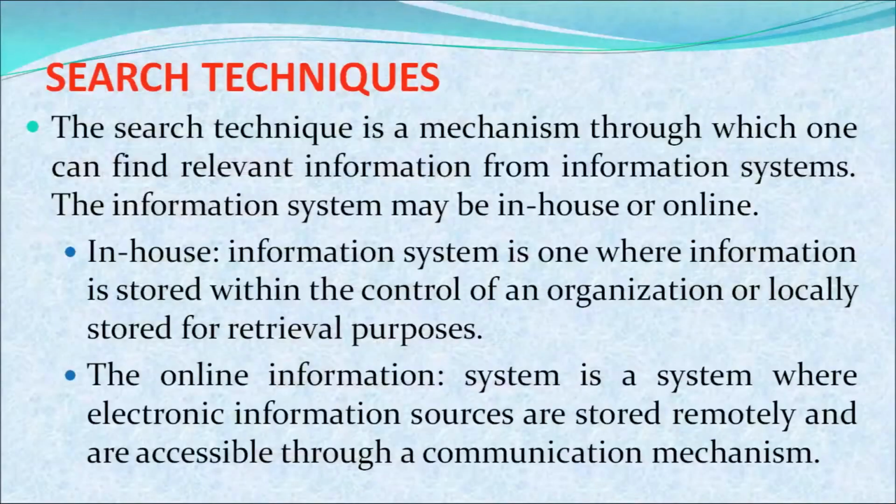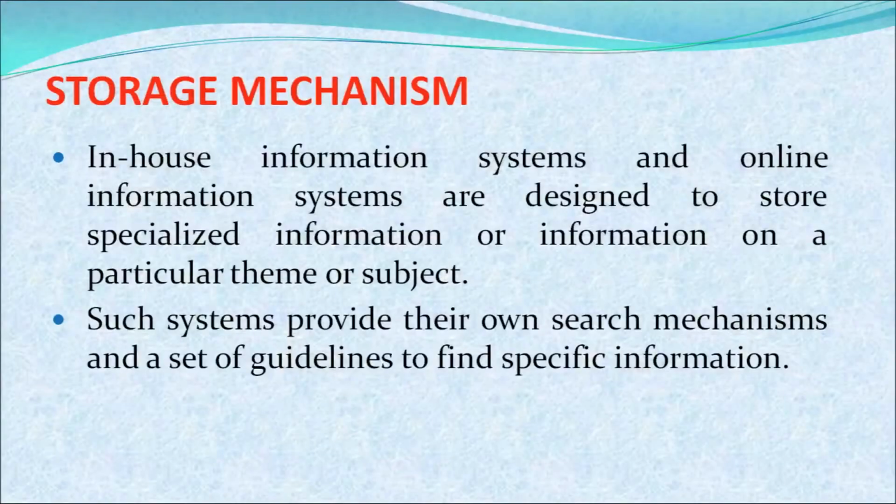An online information system is a system where electronic information sources are stored remotely and are accessible through a communication mechanism. Now we are talking about the storage mechanism. In-house and online information systems are designed to store specialized information or information on a particular theme or subject.